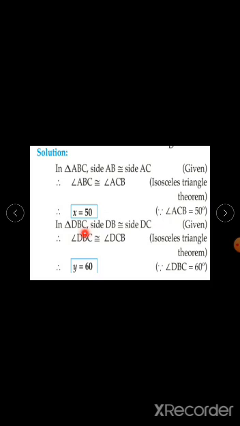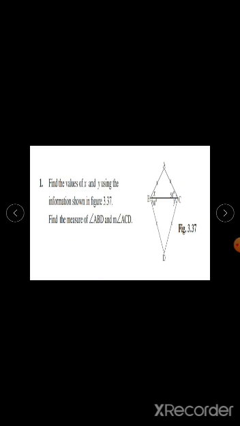Now, in triangle DBC, side DB is congruent to side DC, given. Therefore, angle DBC is congruent to angle DCB. Again, the reason is the isosceles triangle theorem: if two sides of a triangle are congruent, then the angles opposite to them are congruent.